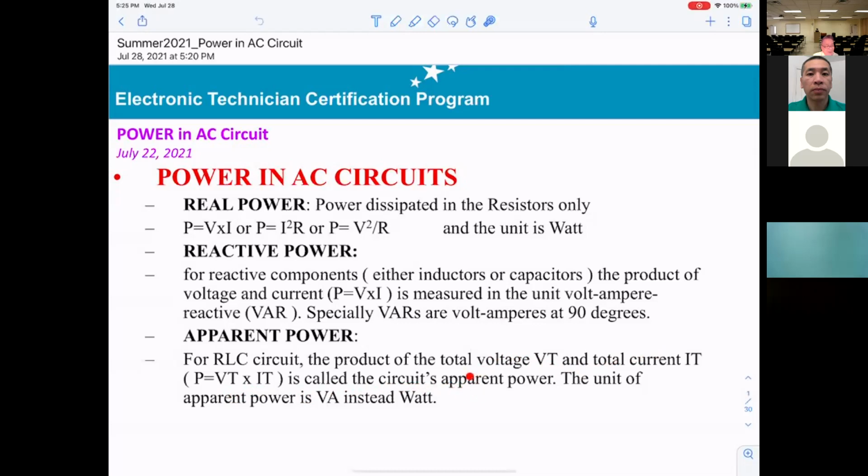That means the power including the real power and also the reactive power. The unit of the apparent power is VA instead of watt. That's just the definition of the real power, reactive power, and apparent power.